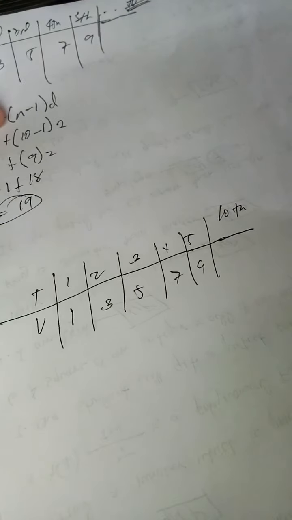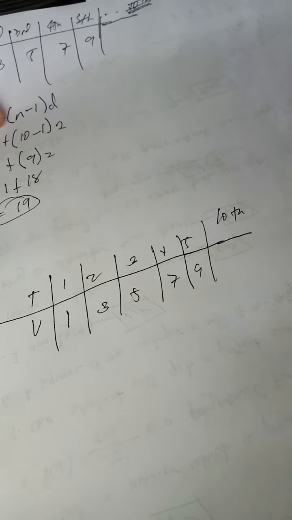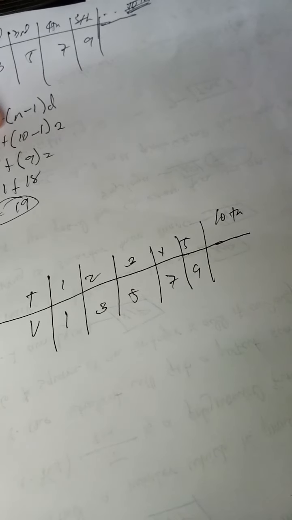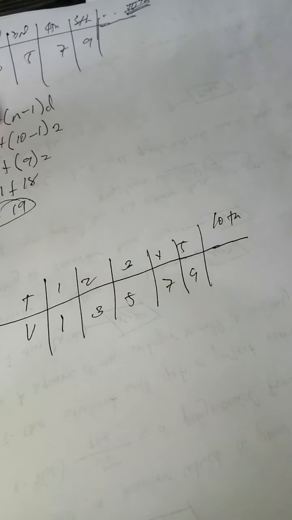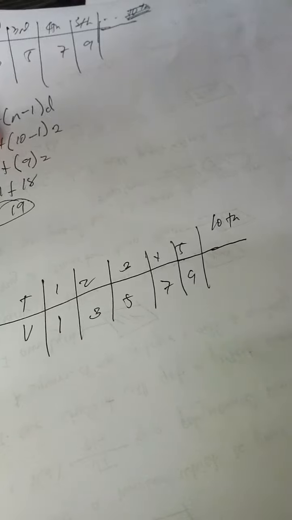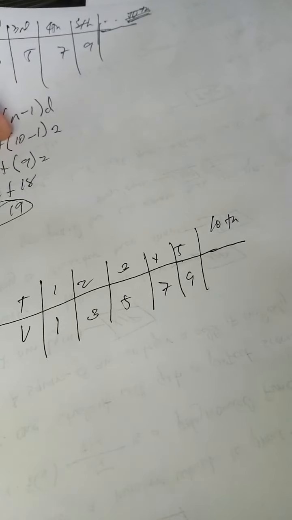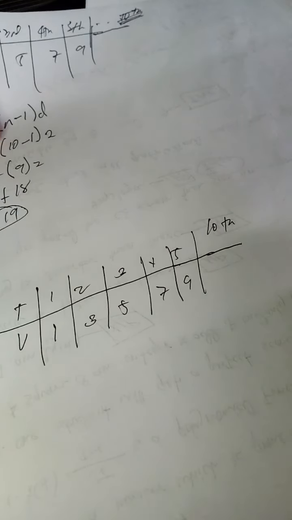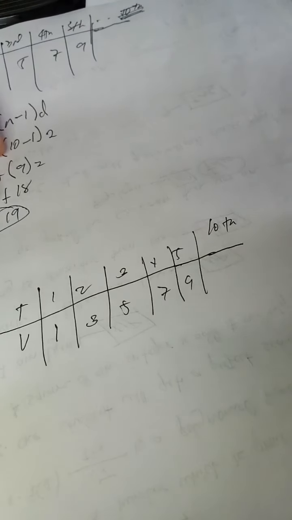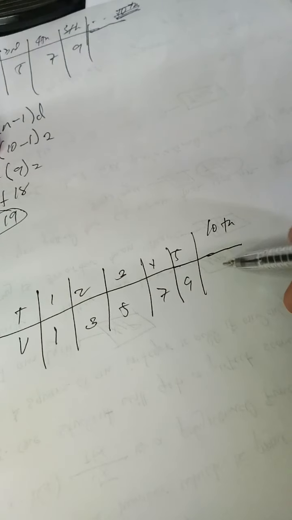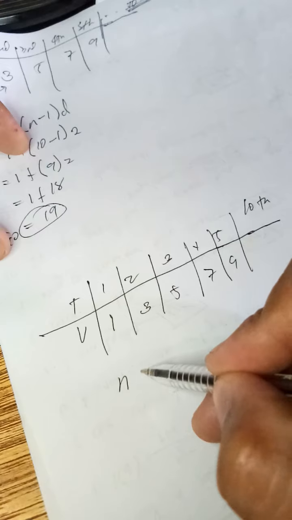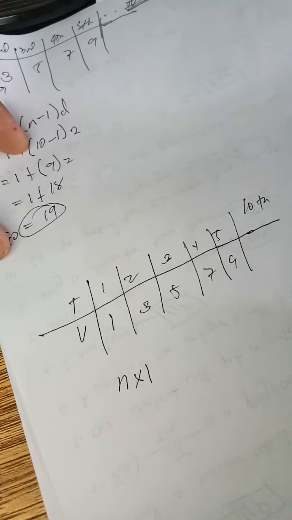Okay? So, in this case, what we need to do, we're going to multiply the n, and we're going to find out what will be the addition or the number that we're going to add or subtract or multiply in that certain formula. So we have here, we have n times 1.